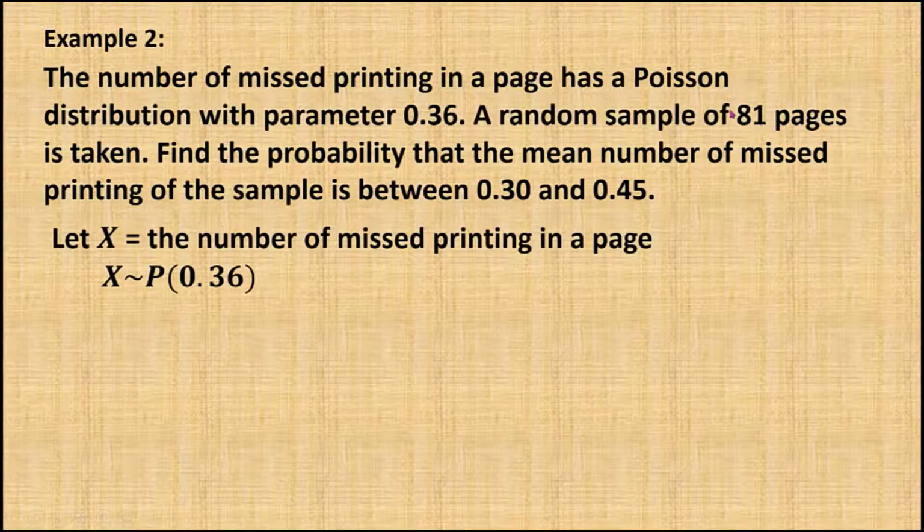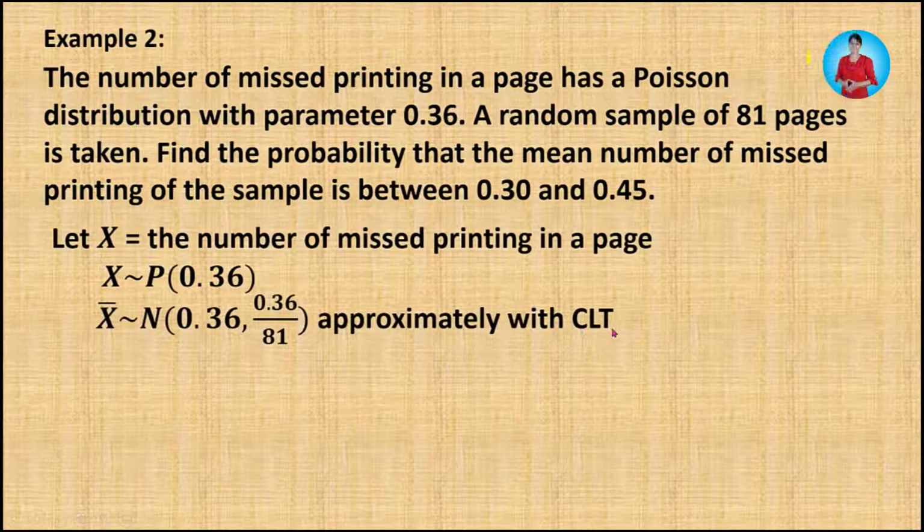But because the sample size is sufficiently large, which is 81, according to the central limit theorem, the sampling distribution of the sample mean is approximately normal, where the mean of the distribution is 0.36 and the variance of the distribution is 0.36 divided by the sample size, that is 81.